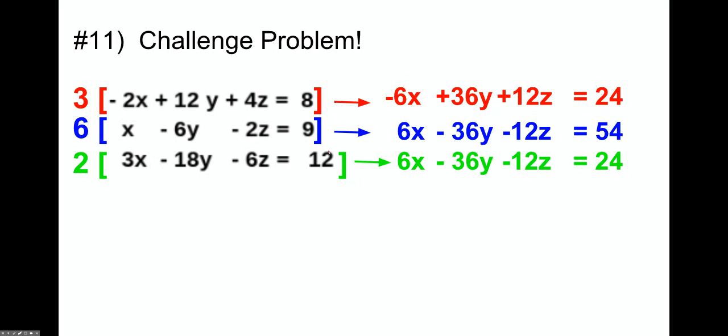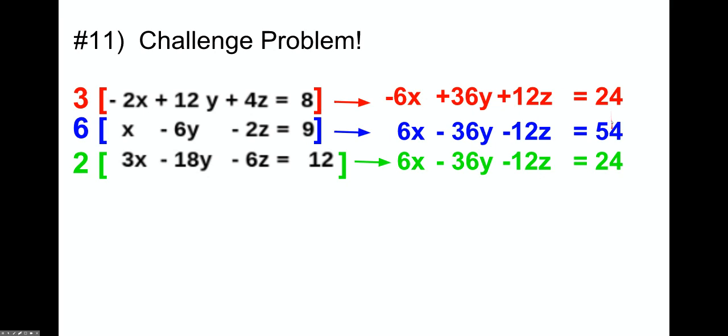So here is our system. Our numbers are similar, and what you need to do is look at two at a time. If you look at these two, the 6x and the negative 6x will cancel out. The positive 36y and the negative 36y will cancel out. The positive 12z and the negative 12z will cancel out.